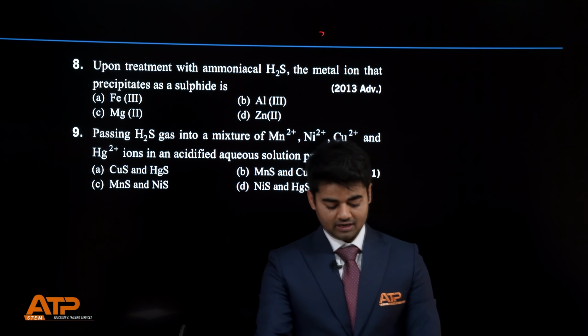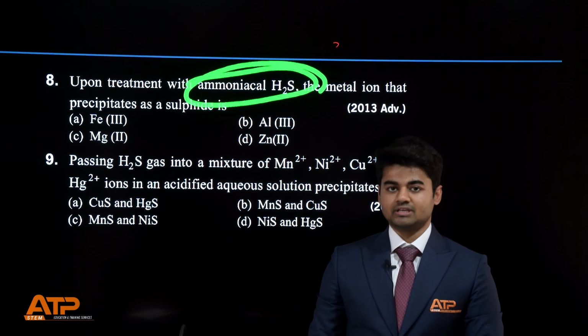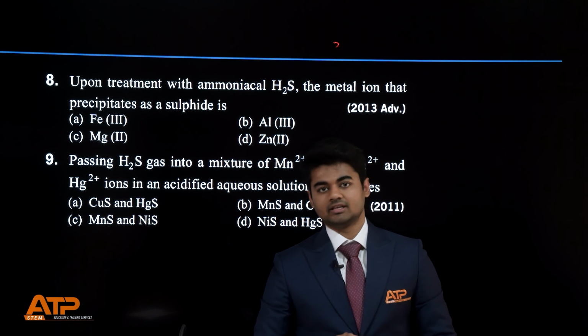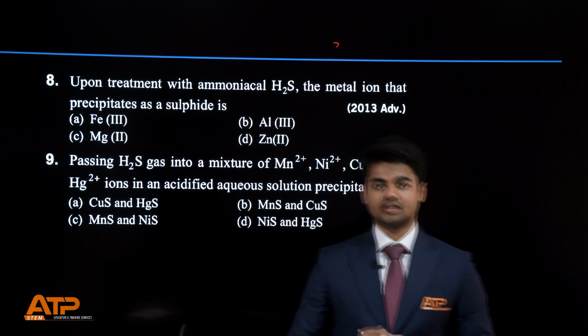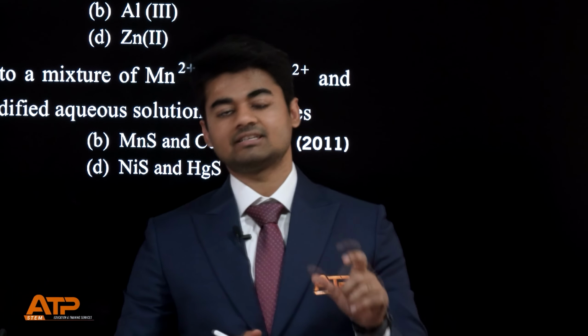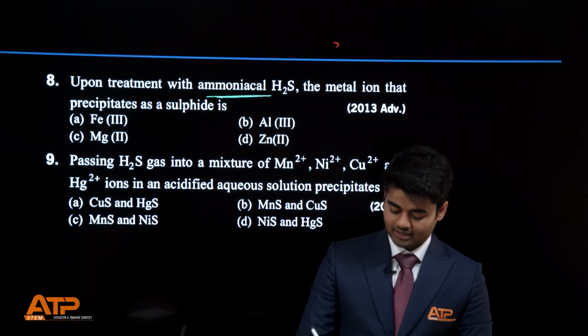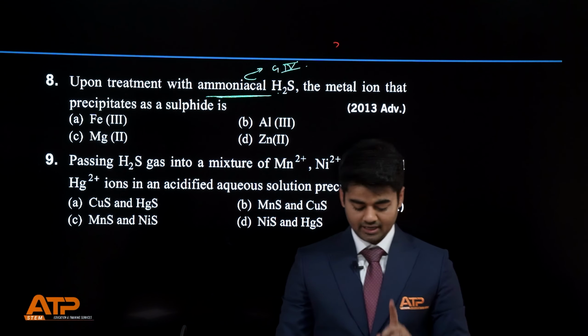Okay, I hope you have solved the questions. Let's start. Treatment with ammoniacal H2S. Now, H2S appeared twice in the group analysis. It was present in group 2 and in group 4. Group 2 was acidified H2S and group 4 was ammoniacal H2S. So this is the analysis of group 4 we are doing here.